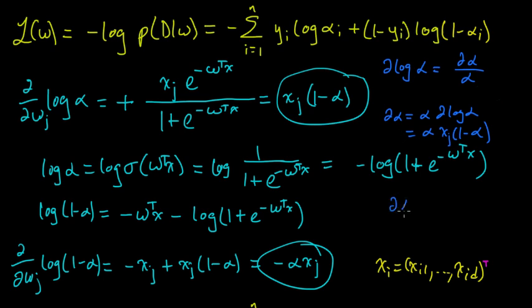So when we're differentiating with respect to wj, when we're differentiating alpha I with respect to wk, which is what we're doing below, then we're going to get xik times alpha I times 1 minus alpha I. Right, because this was for a generic x differentiating with respect to wj, and now we have alpha I, which is a function of the vector xi instead of just the vector x, and we're differentiating with respect to wk.